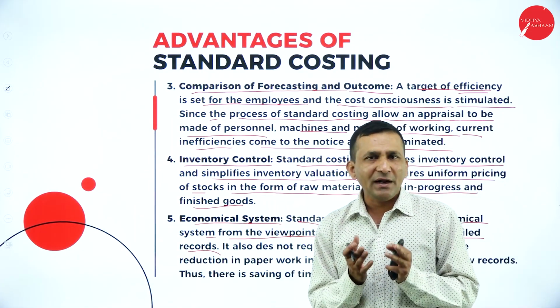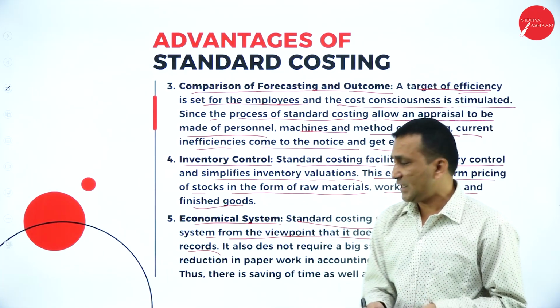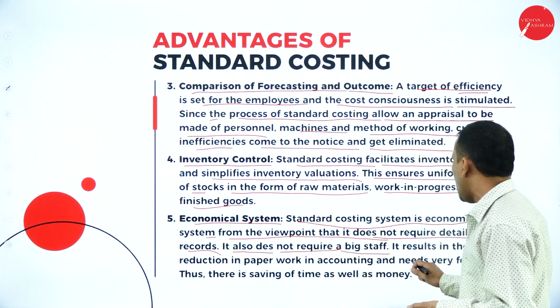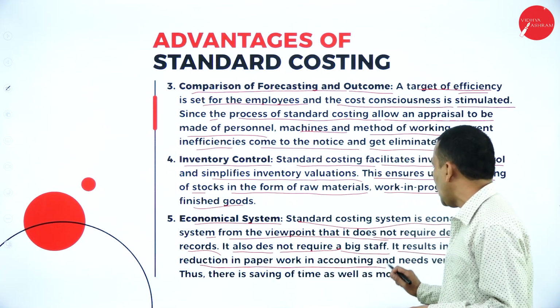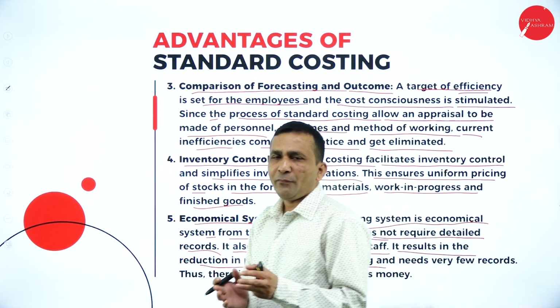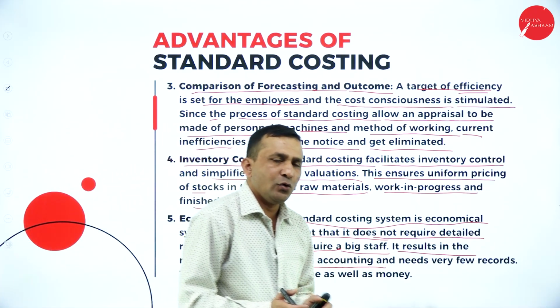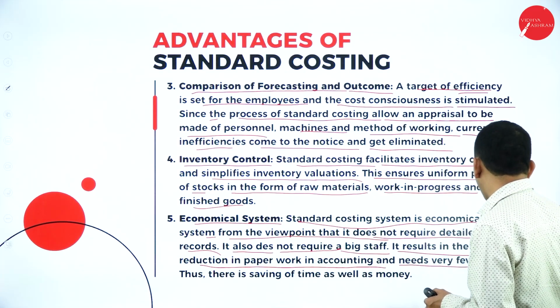If you adopt the proper economic system, we can find good economical results. It also does not require a big staff. It results in a reduction in paperwork for accounting. If you adopt the proper economic system, you can reduce unnecessary waste or cost, and need very few records.